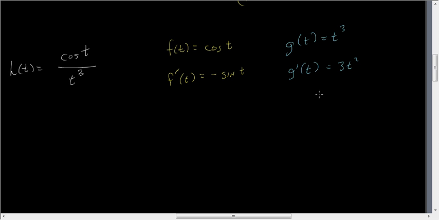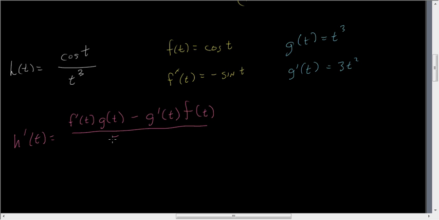So what we can do is we can just go ahead and put this right into our thought process here. We have h prime of t is equal to the derivative of the top, which is f prime of t, times the bottom, which is g of t, minus the derivative of the bottom, or g prime of t, times the top, f of t, all over the bottom, g of t, squared.